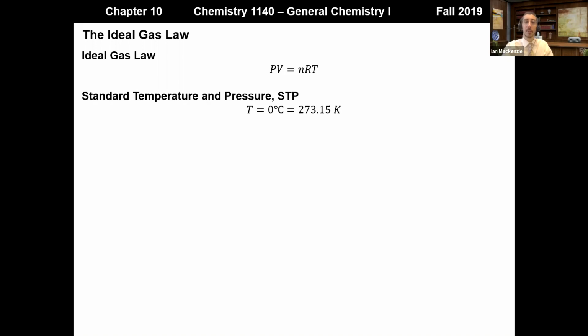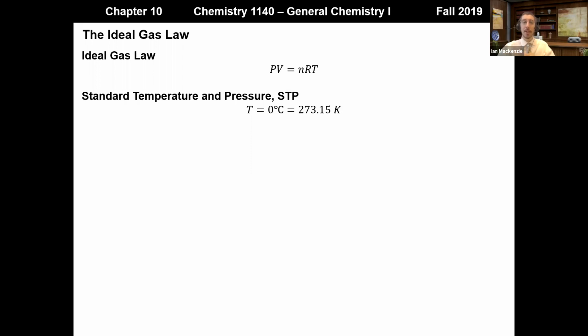And that definition is just, what is standard temperature and pressure? Well, standard temperature is going to be 0 degrees Celsius, 273.15 Kelvin. You might think that's not very standard. We don't normally live at 0 degrees Celsius.